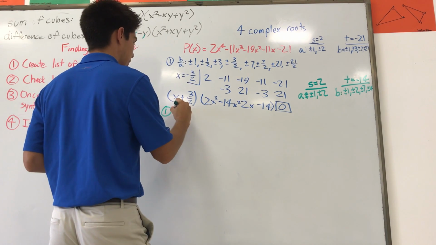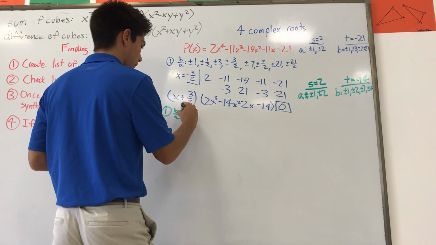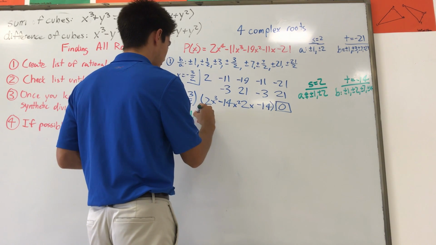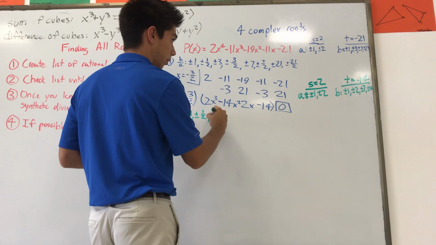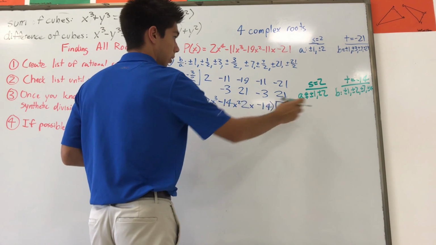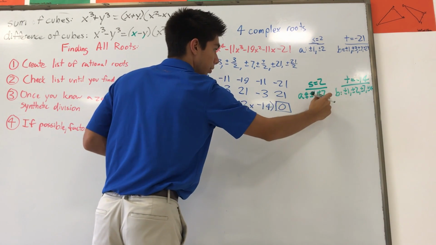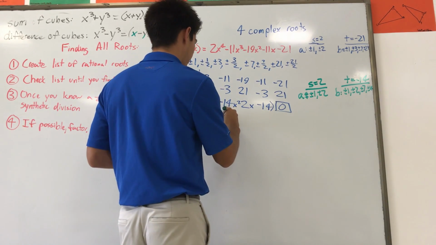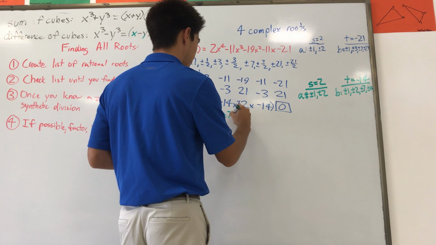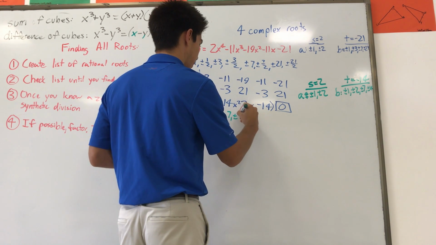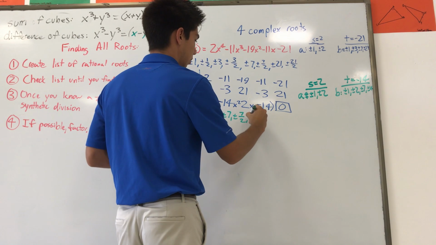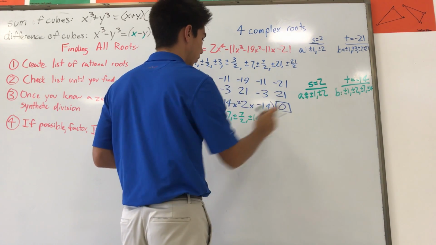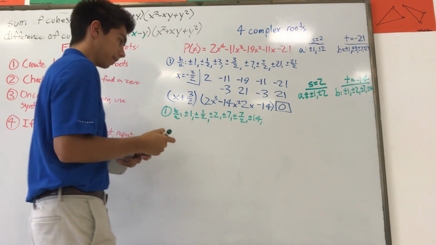So I'm back to step 1 again. My b over a list is plus or minus 1, plus or minus 1/2, plus or minus 2. 2 over 2 is just 1 again, so I don't need to repeat that. Now I have plus or minus 7, plus or minus 7 over 2, plus or minus 14, and 14 over 2 is just this plus or minus 7.